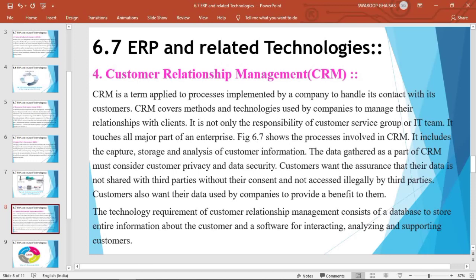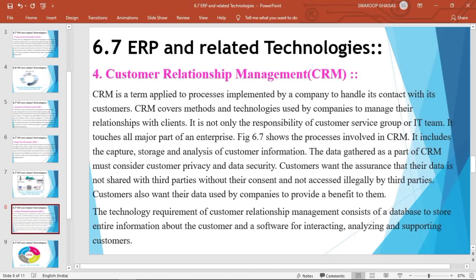Customers want the assurance that their data is not shared with third parties without their consent, and should not get illegally accessed by third parties.